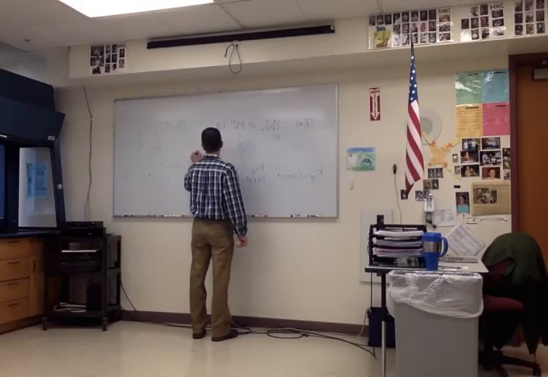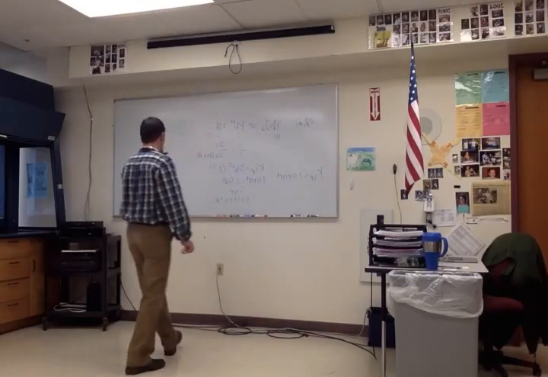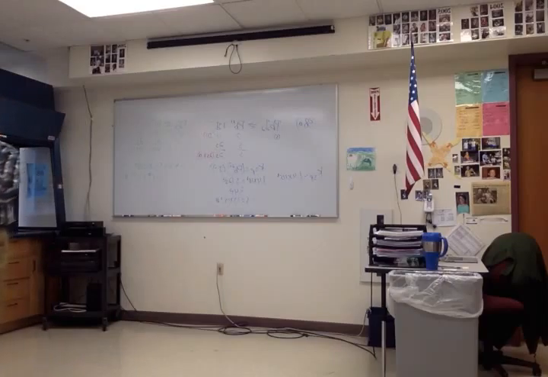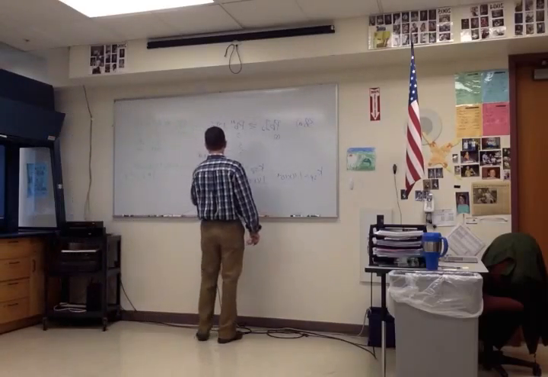4s squared, that's 4 squared, and then 0.1 times 4. That would be 0.4 s squared now. And then 1.4.